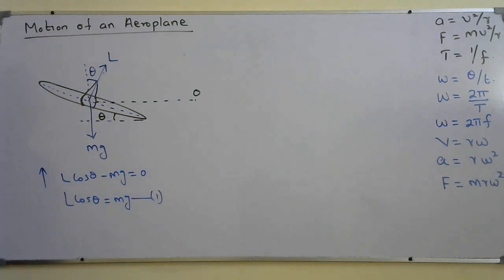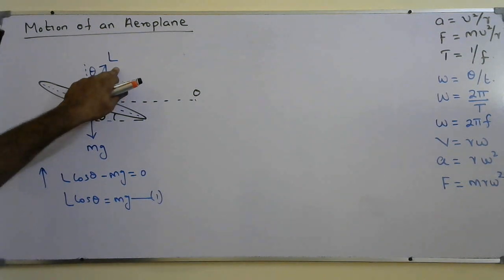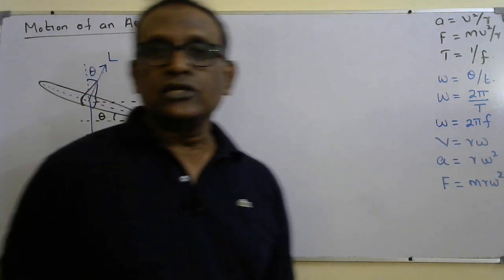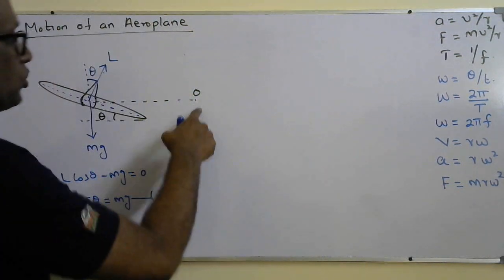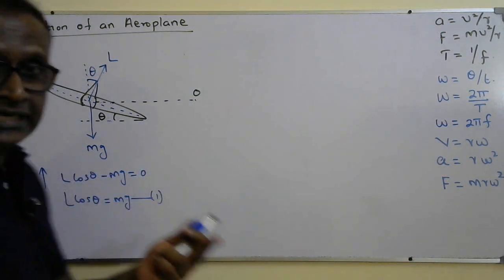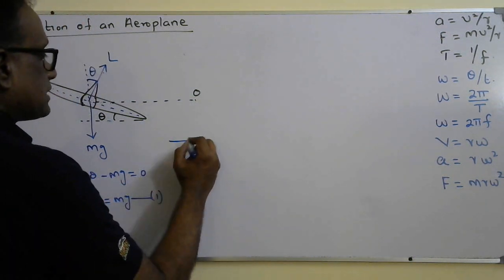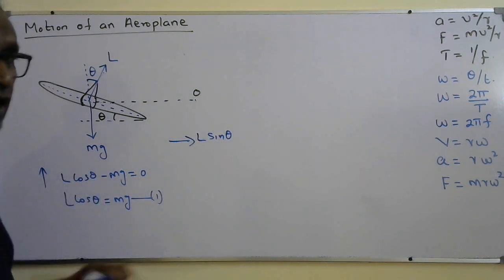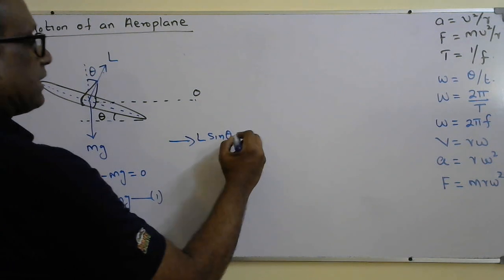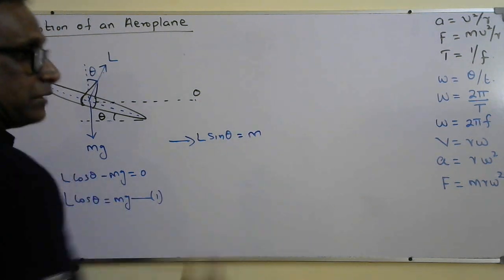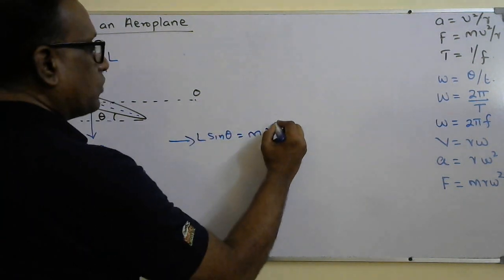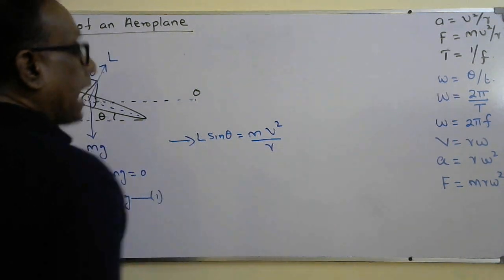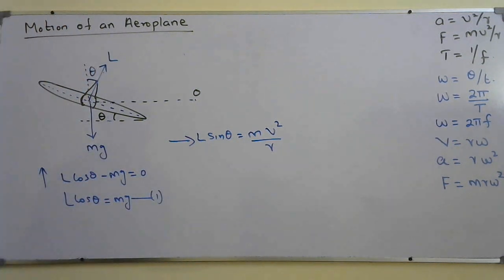The required centripetal force is provided by the horizontal component of the lift towards the center of the circular orbit. O is the center of the circular path. Using Newton's second law, L sine theta equal to ma, where a is the centripetal acceleration, which is v squared over r. We assume at an instant the speed is v.